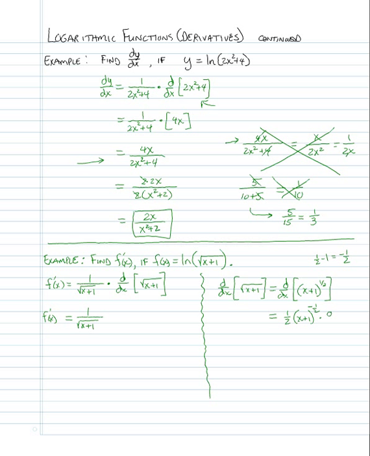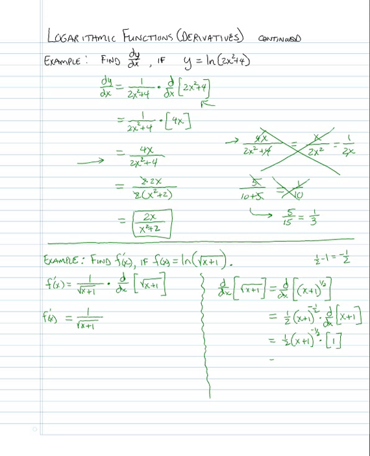But then we have to remember this is the general power rule, which means it's a special version of the chain rule. We have to multiply that with the derivative of the inside. Well, in this case, the derivative of x plus 1 is just 1. So it ended up not being a big deal, but it could have.